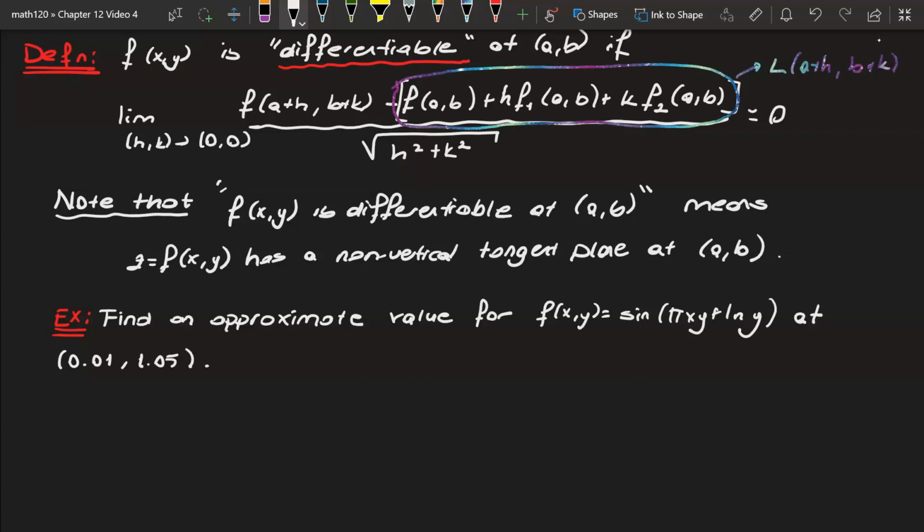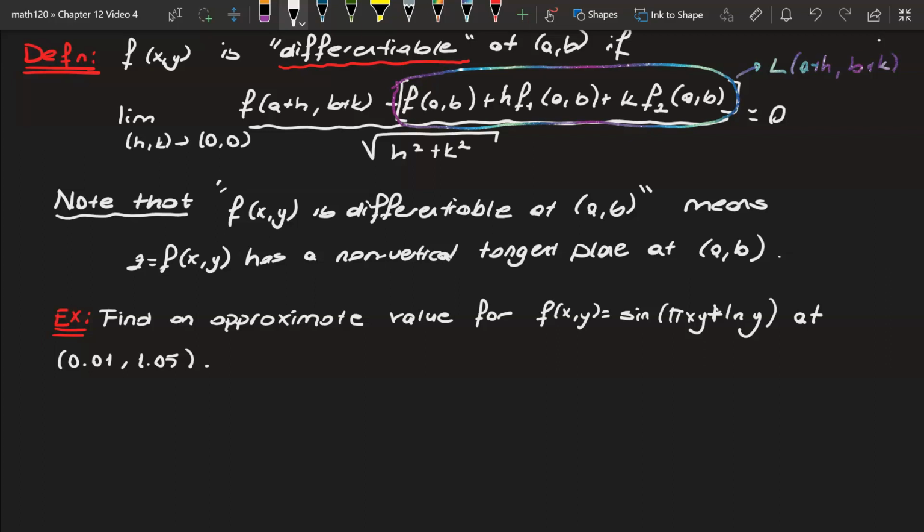Okay, we are asked to find an approximate value for the function sine pi x y plus ln y, and the point is (0.01, 1.05), which is very close to (0, 1). And (0, 1) is a good point for us because we can find the exact value of the function there, and we can consider partial derivatives of the function and evaluate them at (0, 1) easily.